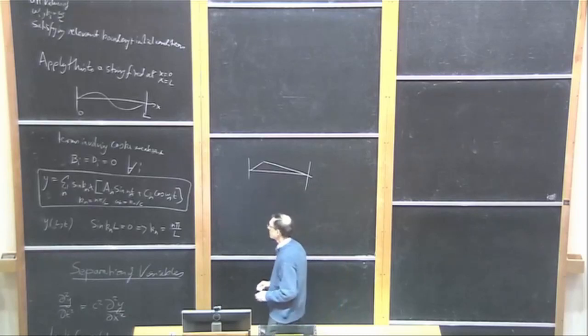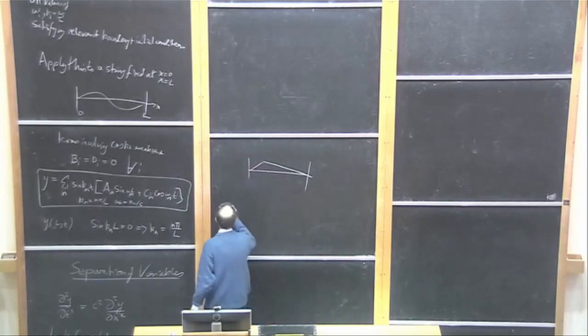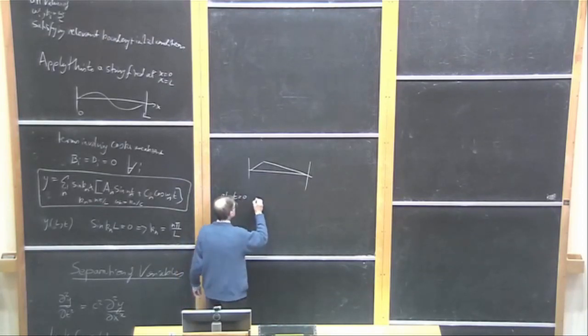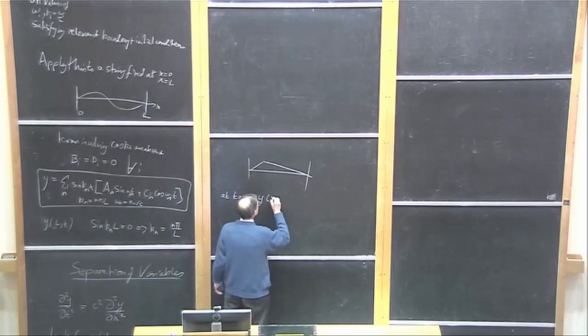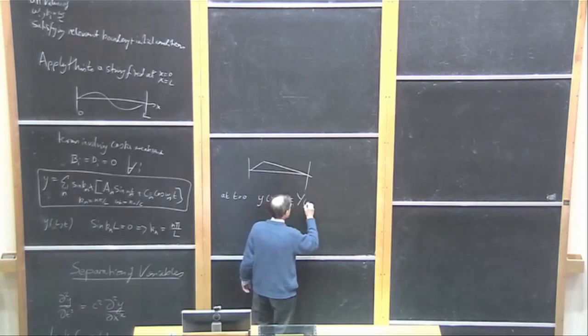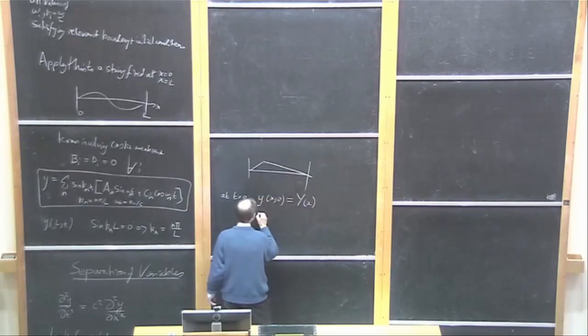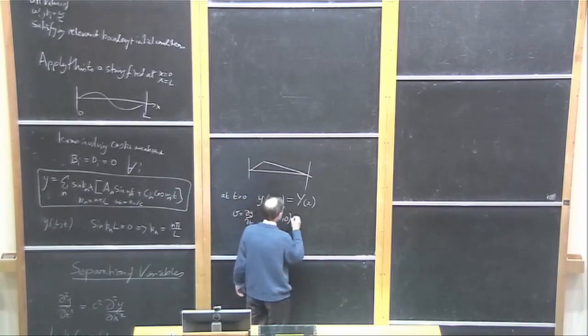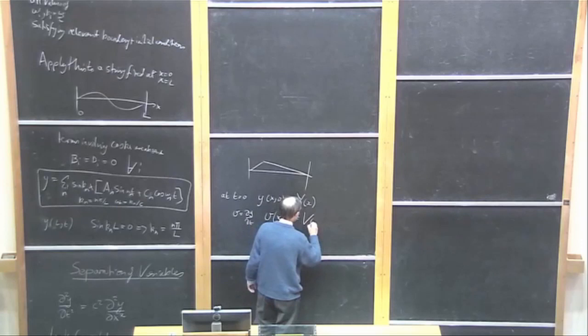But I can make one general remark. At t equals 0, we have y of x, 0 equals y of x as usual, and if v is dy by dt, we have v of x, 0 equals v of x.